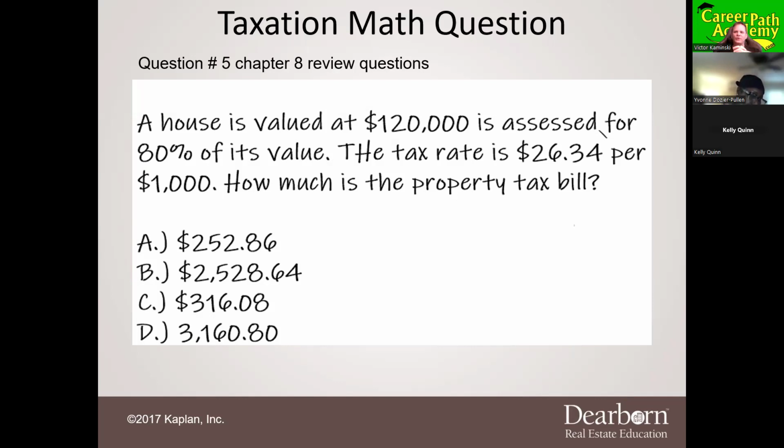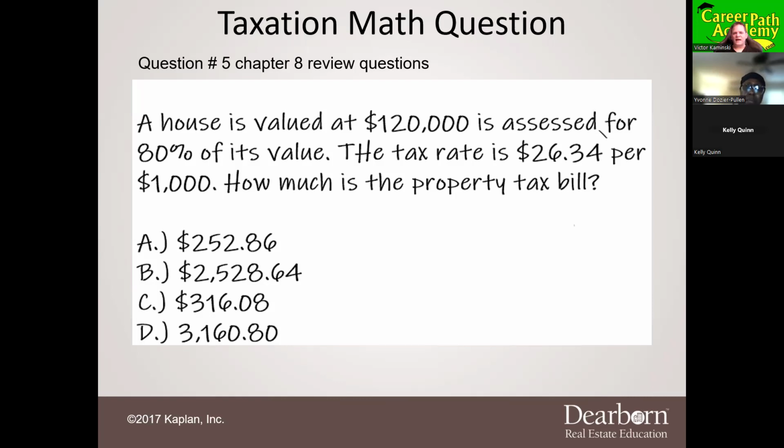Well, what value do we use to figure out taxes? Market value or assessed value? Assessed value. So you guys are going to need to figure out the assessed value, because the 120,000 is the market value in this example. But they tell you it's assessed at 80% of its value.